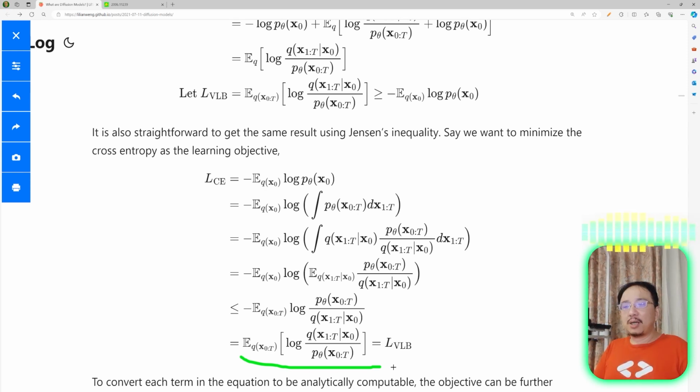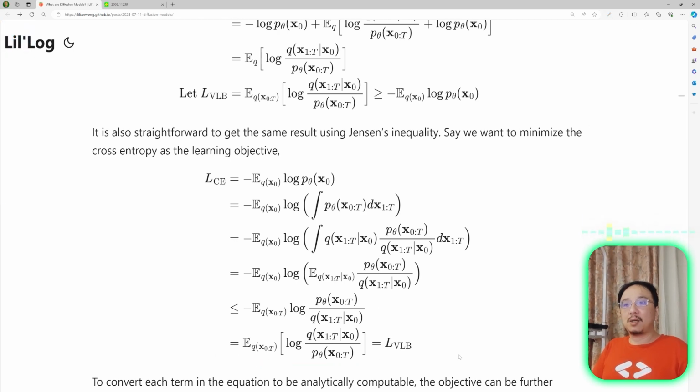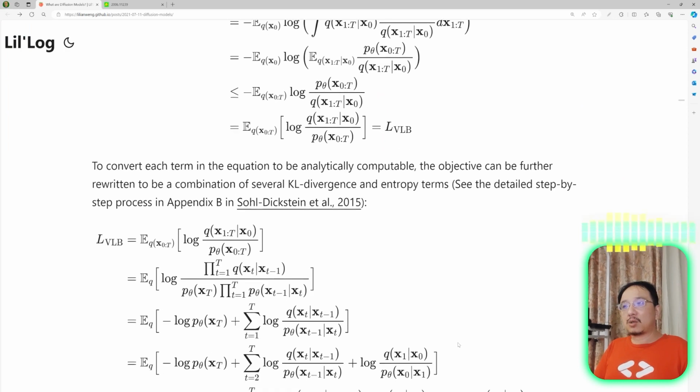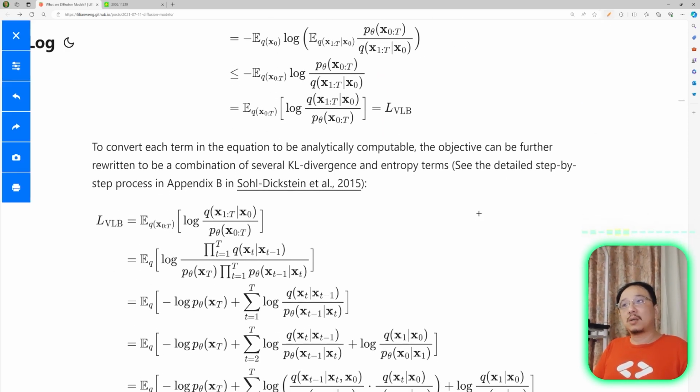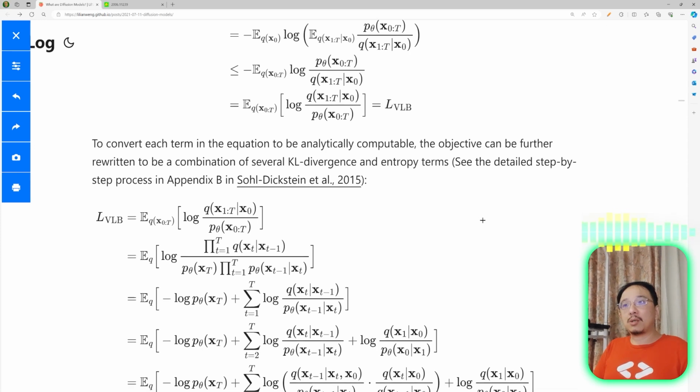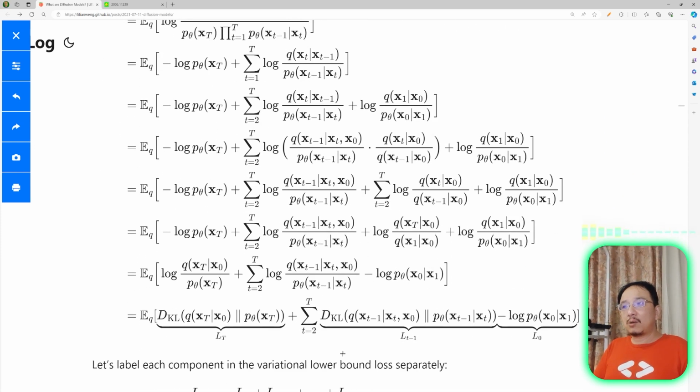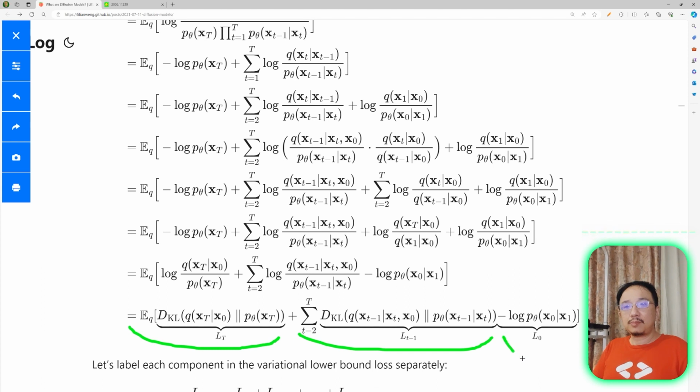And we can further expand this one into several different terms so that each term is easier to evaluate. So if we expand this by doing some calculation, we can organize it into 3 different terms, which we call LT, LT minus 1, and L0.